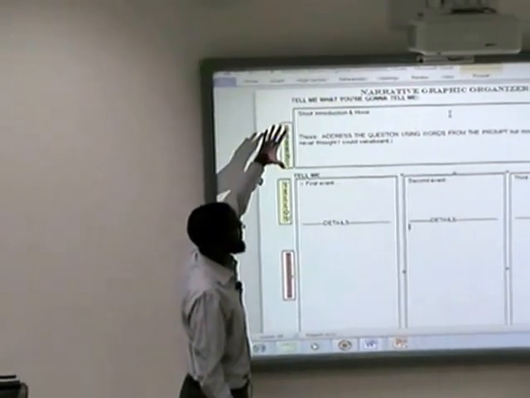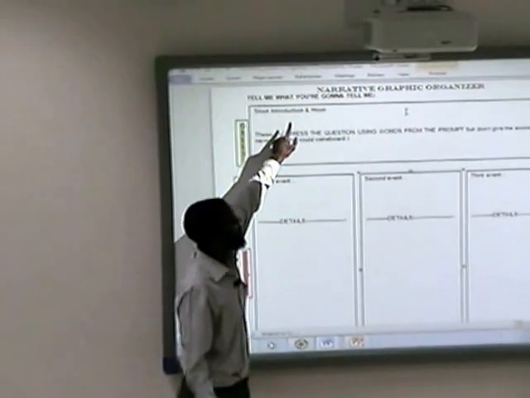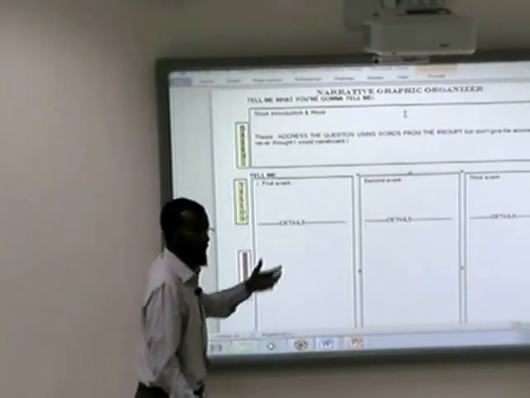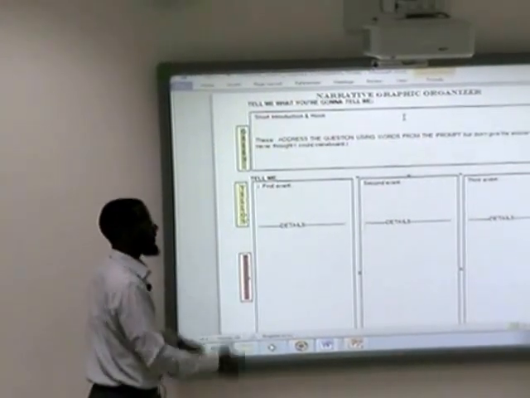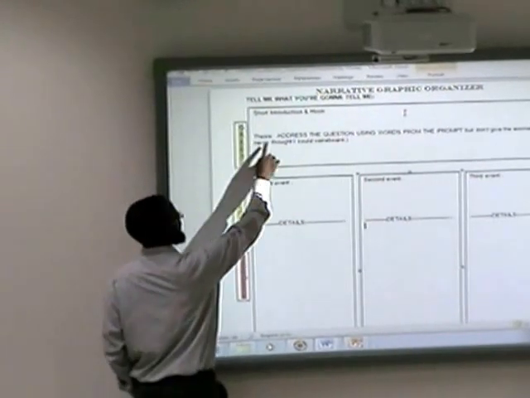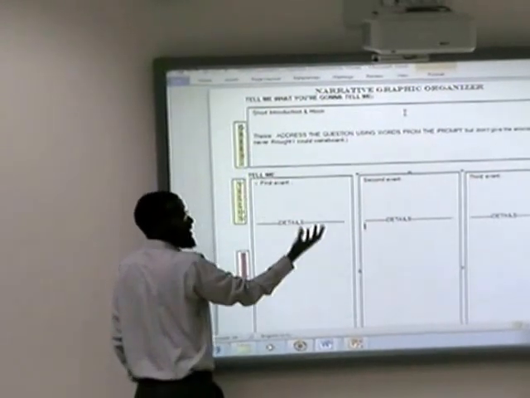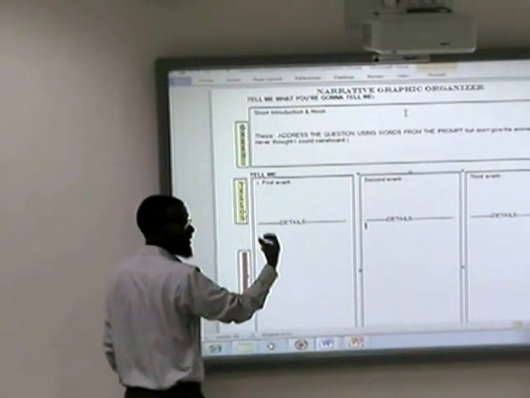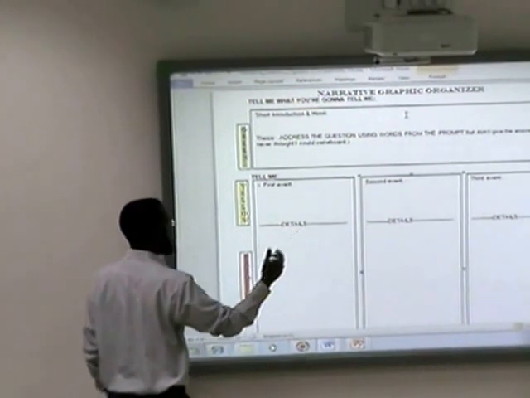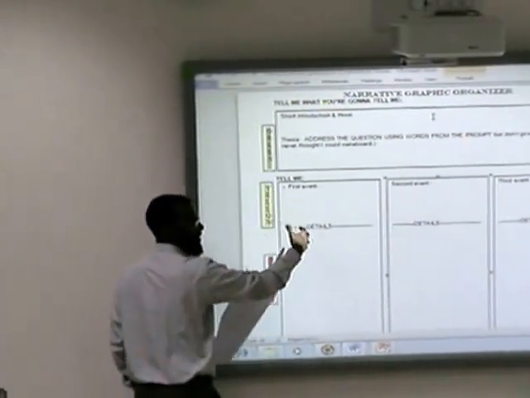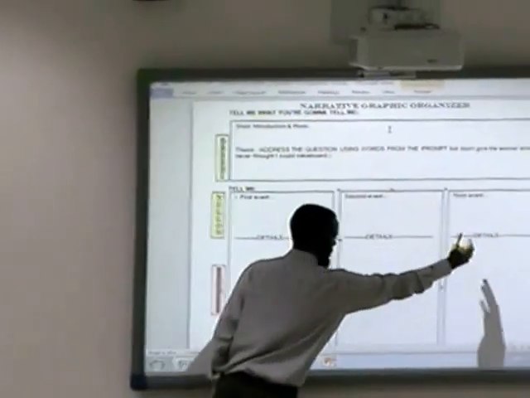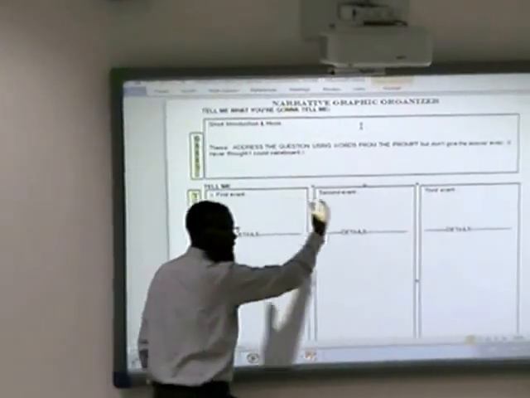So the first part is for the short introduction and the hook. The hook is how you get the attention of the reader. And you have the thesis. What's the thesis of this text? You can write it down in your own words. And then what is all of this? The body.